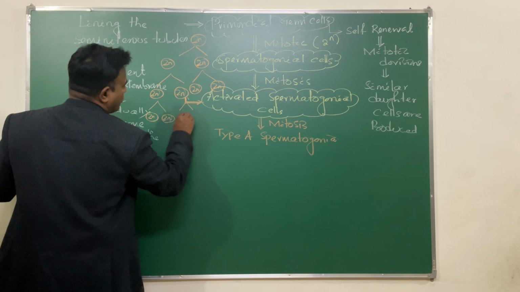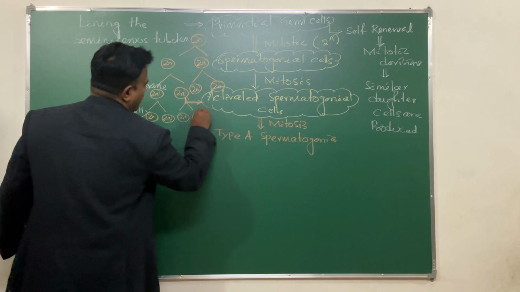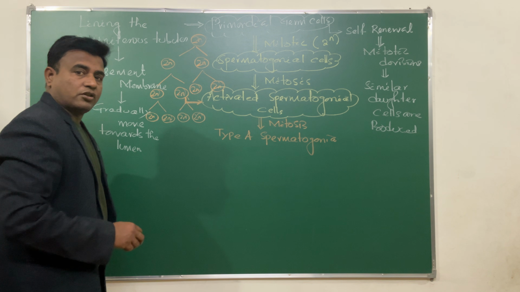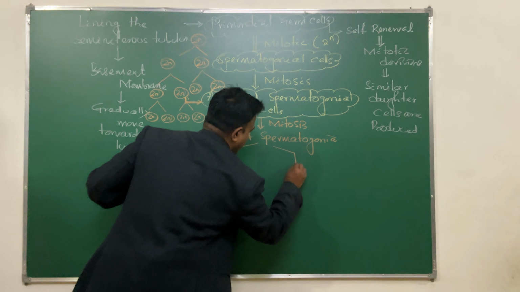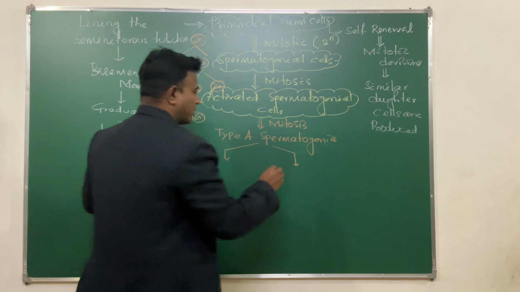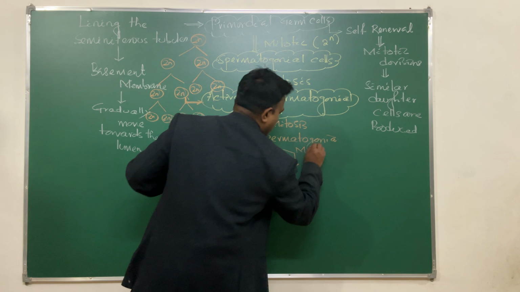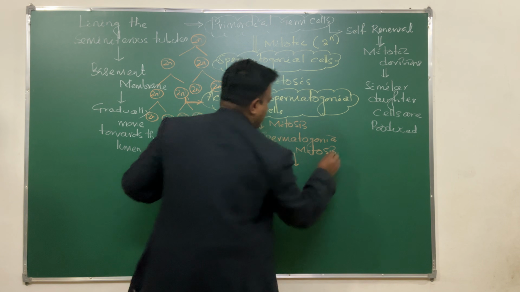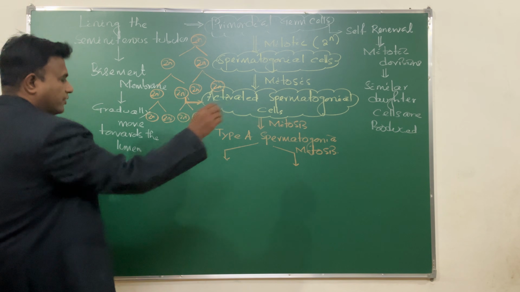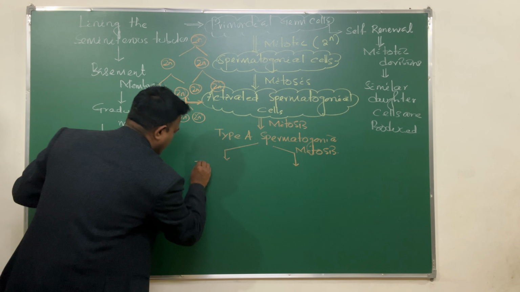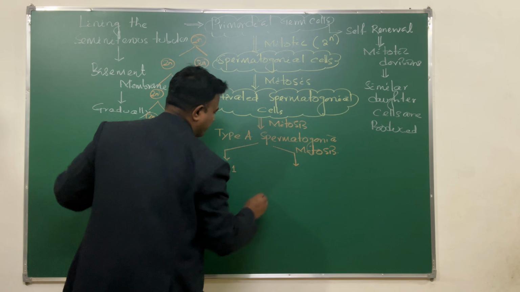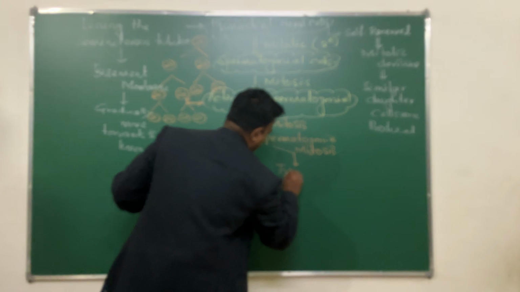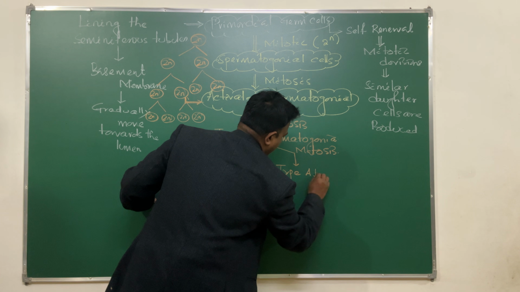You are seeing 2n cells being gradually produced. What happens to the type A? Once they undergo the division from here, there occurs again mitosis, point to ponder, mitosis, where they are going to produce type A1 and type A1.